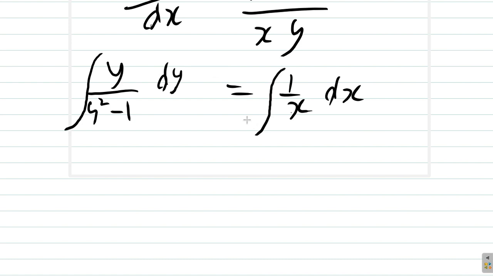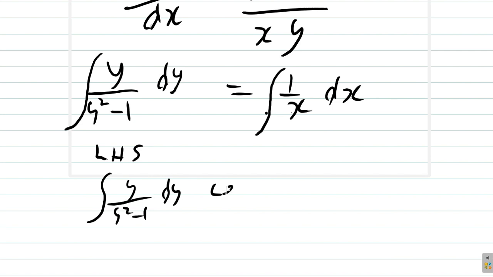Alright, now, let's look at the left hand side. Going to concentrate on the left hand side for now. What we have is the integral of y over y squared minus 1 dy. Let's try substitution. Let u be equal to y squared minus 1.